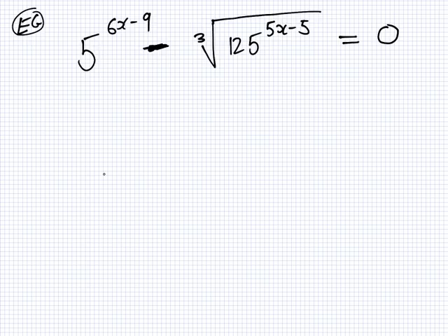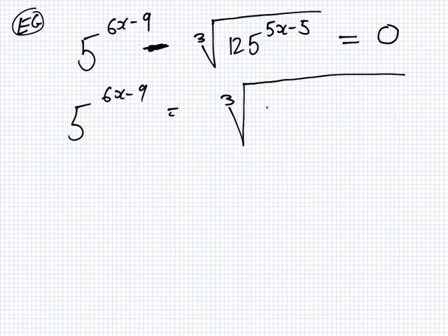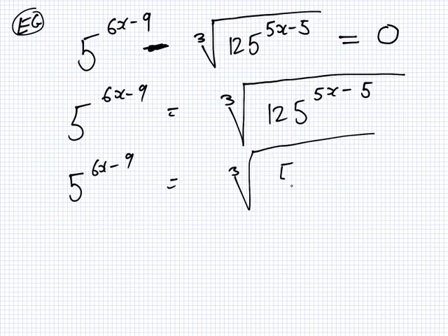Okay, first thing to do, I should move the cube root to the other side. There's nothing I can do with the 5, but I suppose at least I can change 125 into 5 cubed.